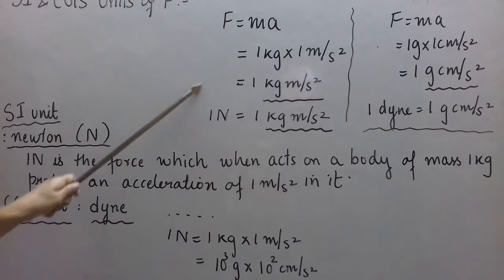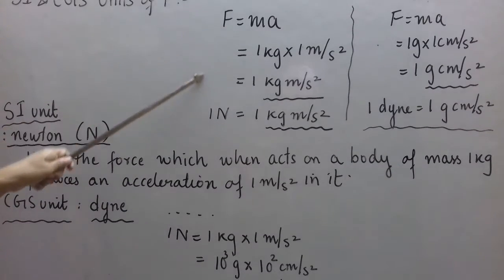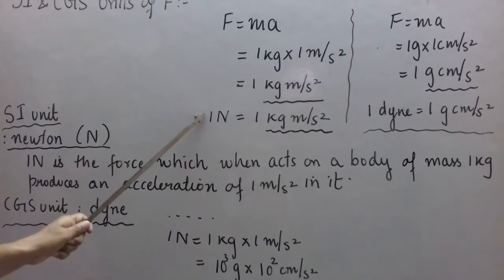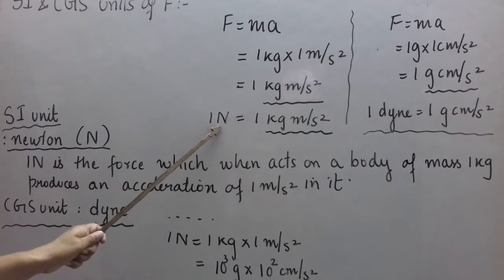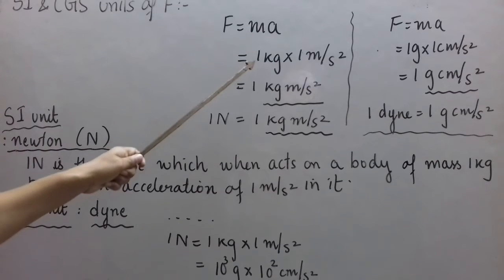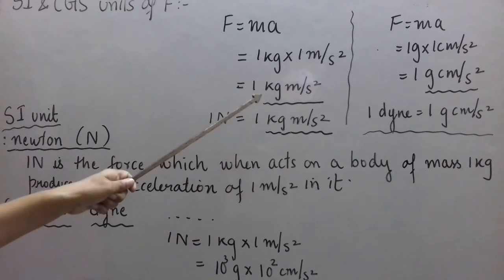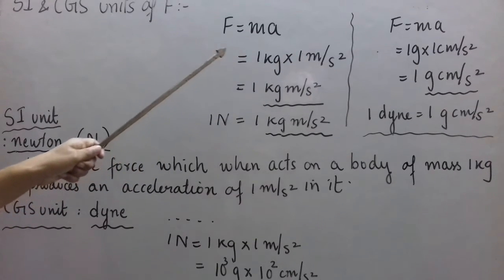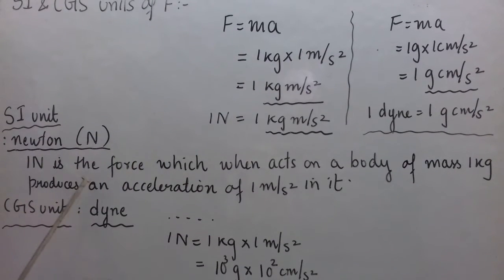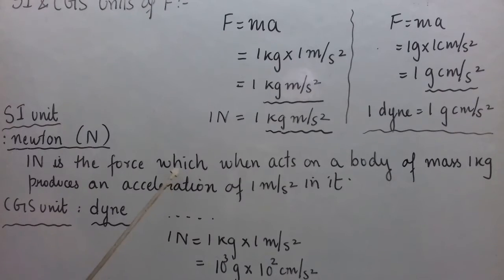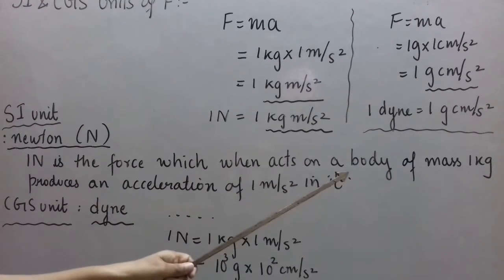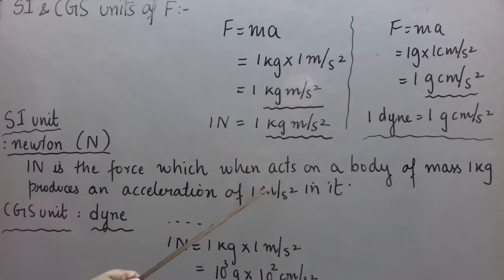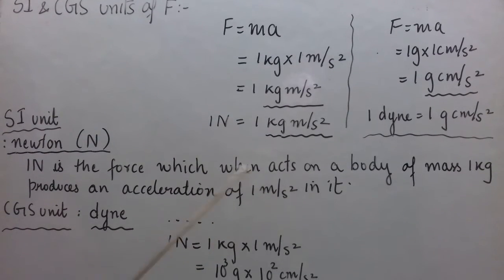So we'll use this method to define Newton. 1 Newton is that force which, when it acts on a body of mass 1 kg, produces an acceleration of 1 meter per second square in it.